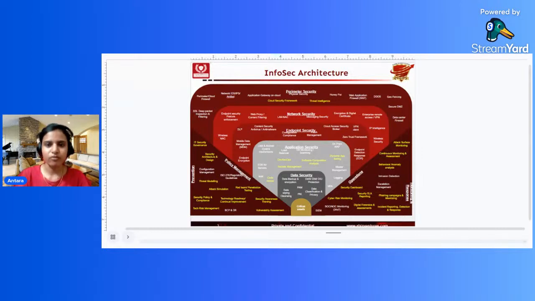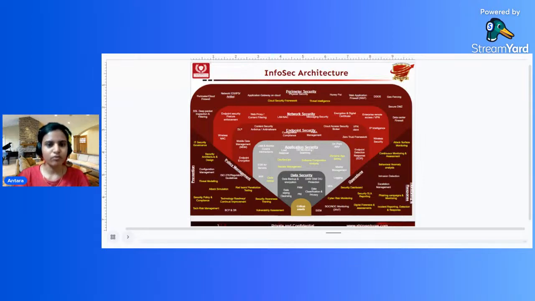Then we have WAF as one of the solutions to safeguard our perimeter. Then we have DDoS protection. We have a secure DMZ, demilitarized zone, that we configure within our premises to ensure that whatever traffic is hitting is not directly on the internal resources, and that is very much restricted on the external part of it, right?